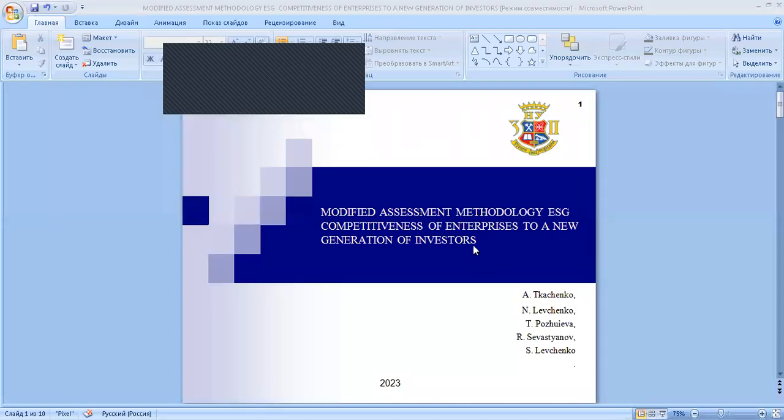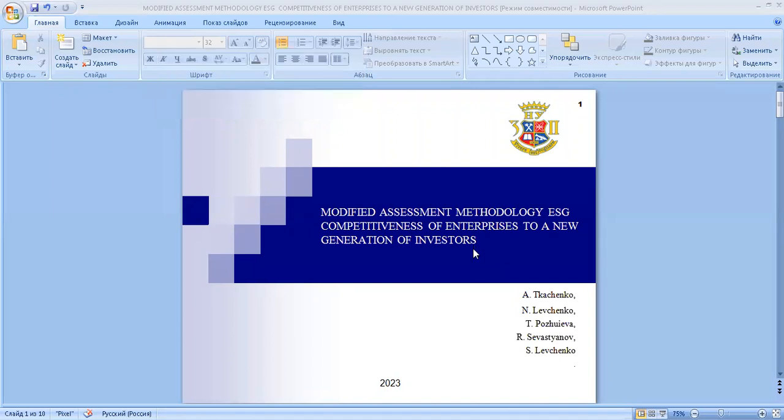In the first slide, you can see the name of our publication and the name of authors. It's Alla Tkachenko, Nataliia Levchenko, Tetiana Pozhuieva, Rodion Sevastyanov, and Sergey Levchenko. It is relevant to assess business competitiveness in the context of accelerated global ESG integration.